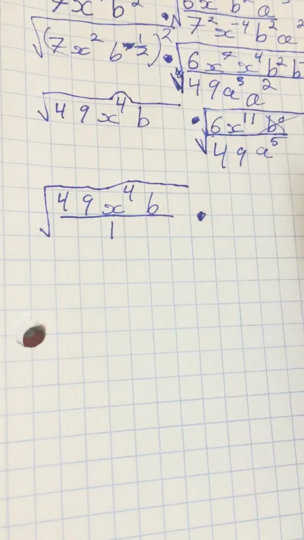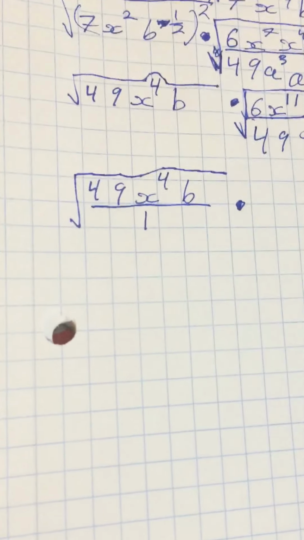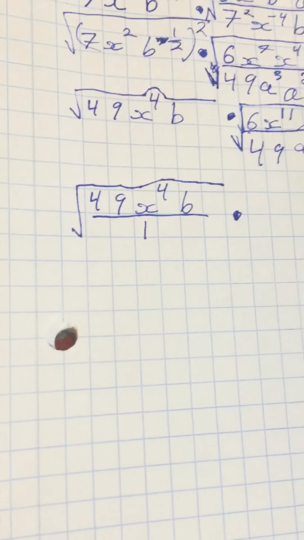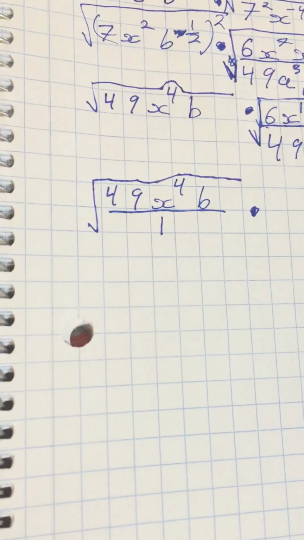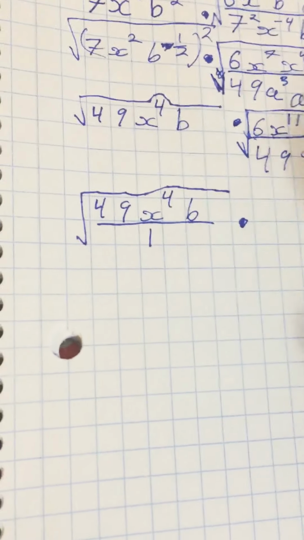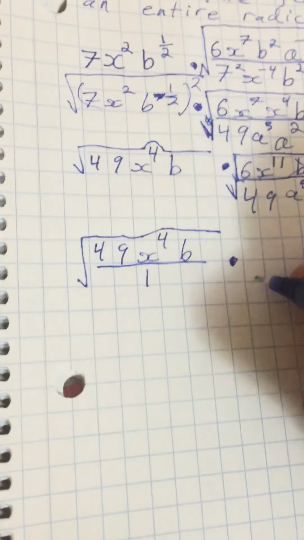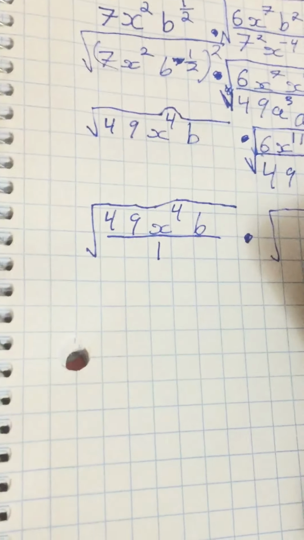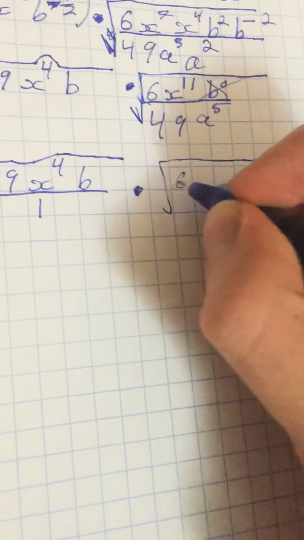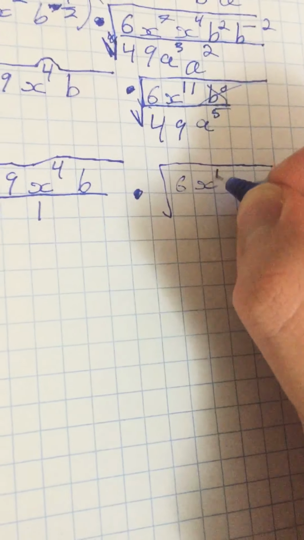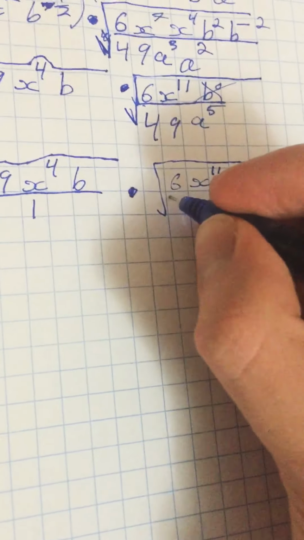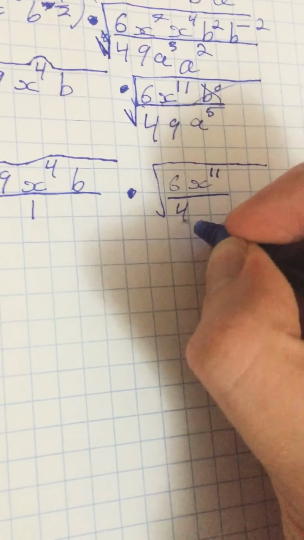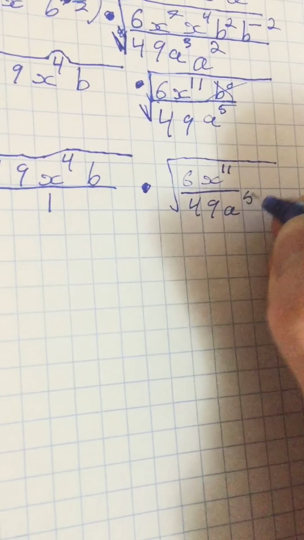So like if I had square root of 3 times square root of 4, that's going to equal the square root of 12. So then I'm going to write this in as 6x to the 11 over 49a to the 5.